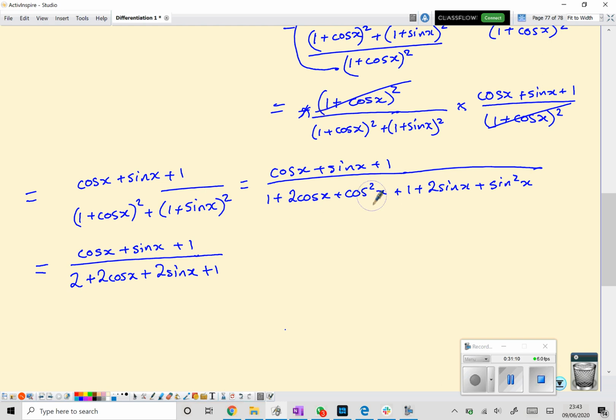So a final line of working just to finish tidying it all up. Cos of x plus sine of x plus 1 over 2 cos x plus 2 sin x plus 3.